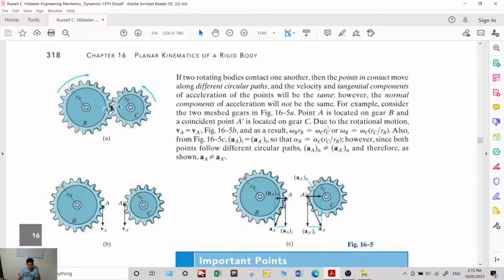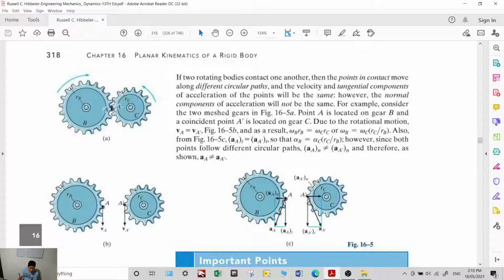No? But dili na sila the same og acceleration. Dili sila the same og acceleration. Okay? And the same sila og tangential acceleration. Okay?